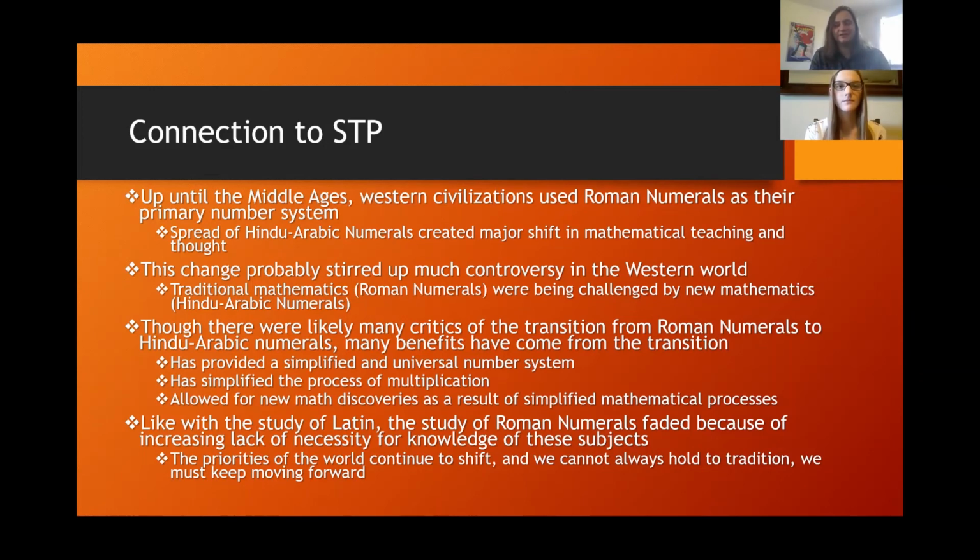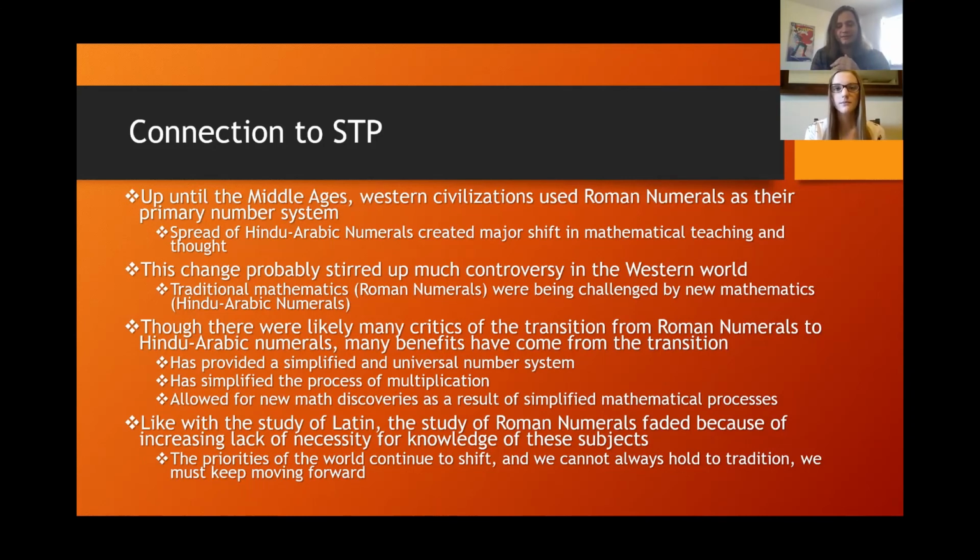As we've seen in this class, there has been a constant battle between traditional mathematics and reform mathematics. In this case, traditional mathematics is represented by Roman numerals, and reform mathematics is represented by Hindu-Arabic numerals. And when these went head to head, it was time to see which numbering system was more efficient.